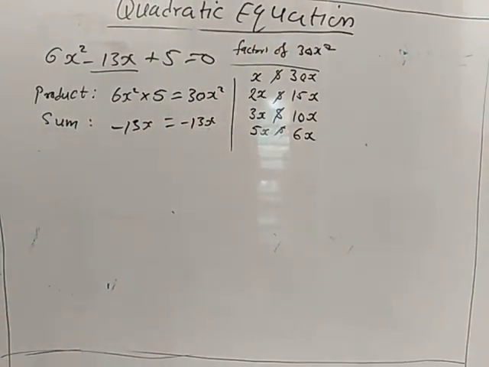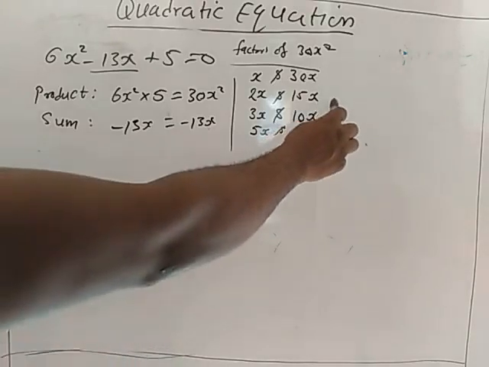Now, if we look at all these factors of the product, which is 30x squared, we will look at the ones that, if we add them together, or rather subtract them from each other, we have the sum. Now, look at these two.